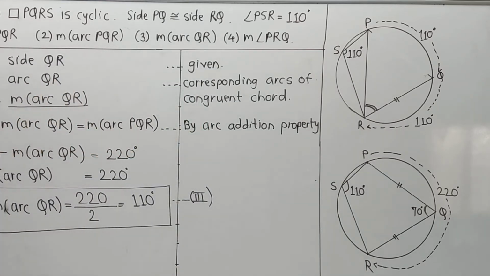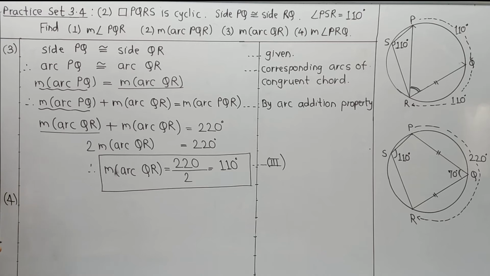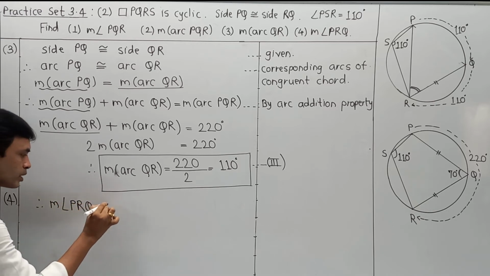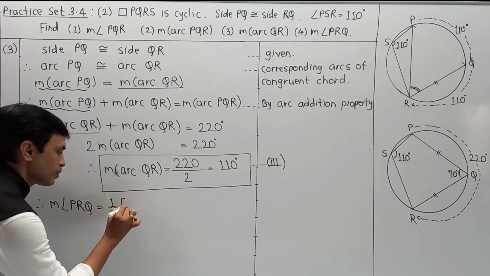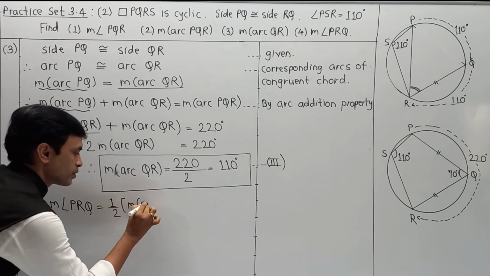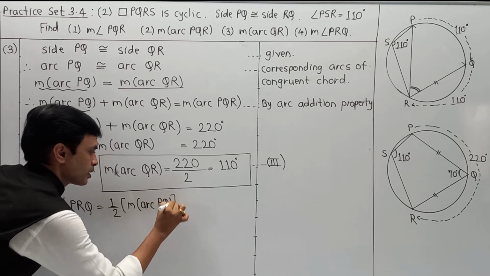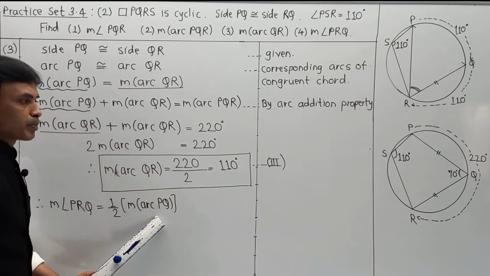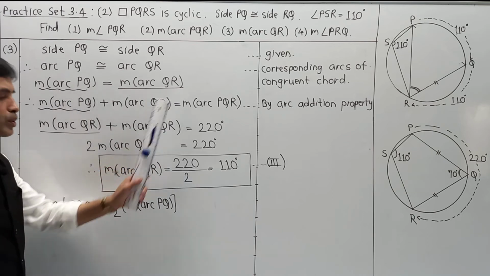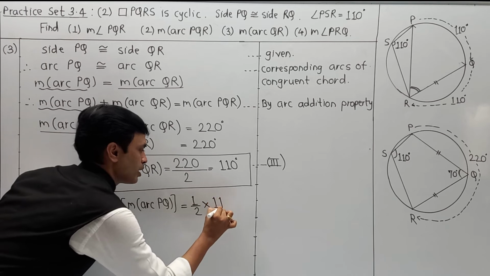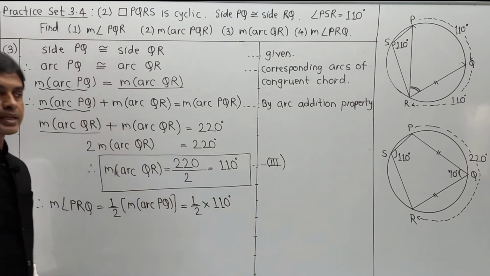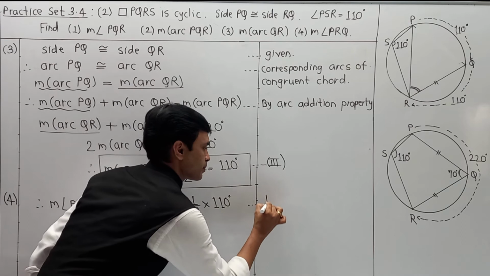So fourth and last part, major angle PRQ is half of major arc PQ, and half of PQ, but PQ is nothing but 110, PQ equal to QR. So it becomes half of 110, and the reason is intercepted arc property.